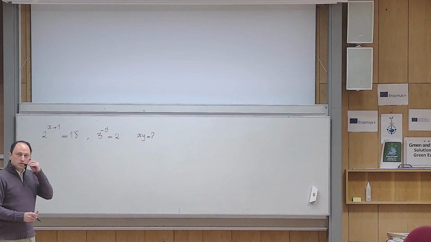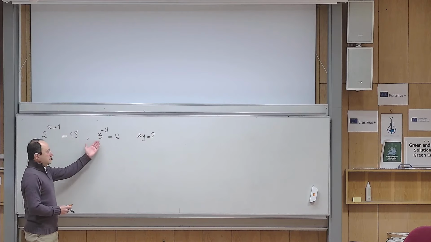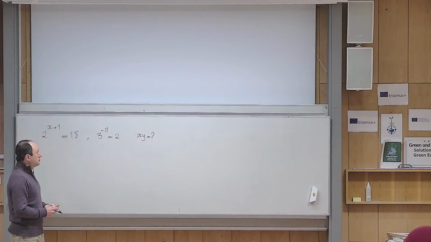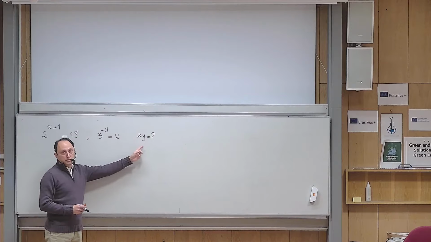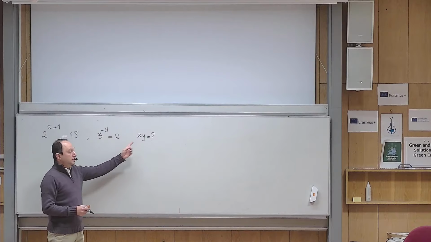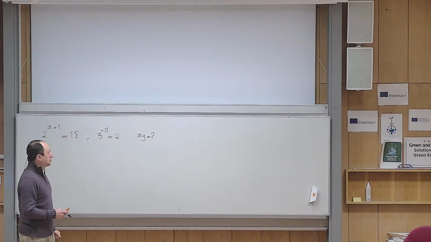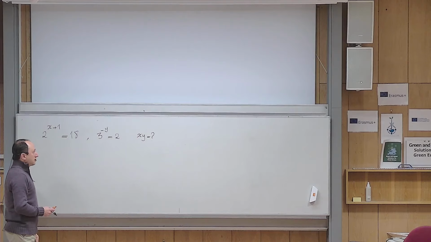Okay, now let us solve the problem here. This is a simple problem, but you need to find a way to extract information regarding the product. Of course, if you can find x and y, then you can multiply them and get xy. But they are asking about the exact value.